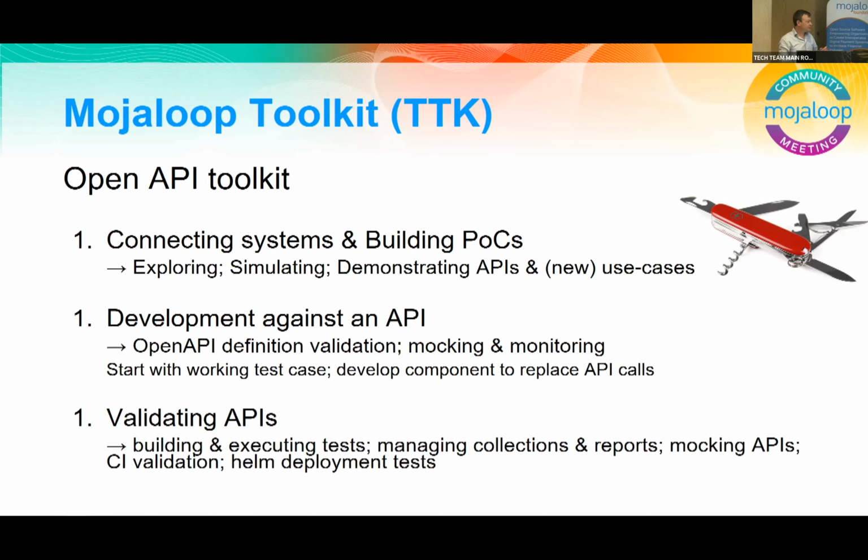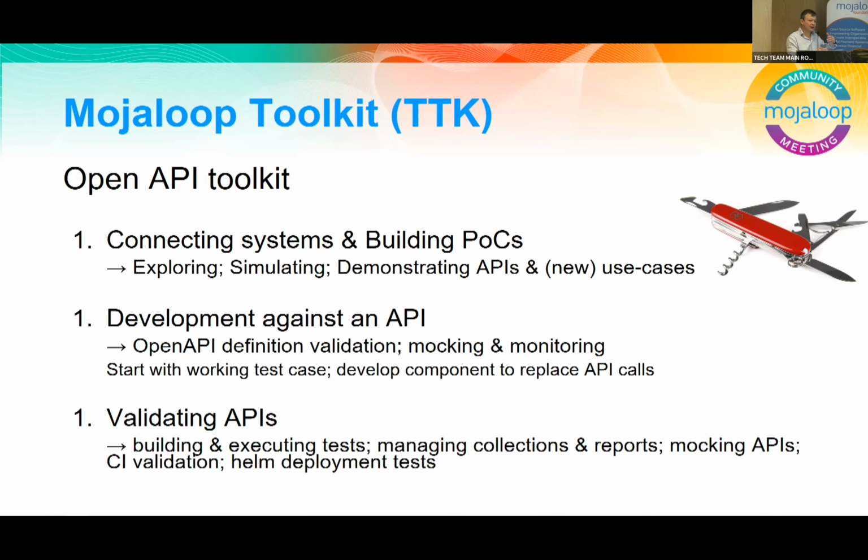Okay, then the next part that we use this for is development. So we can develop against an API. And I'm going to get into this in a little bit more detail when I talk about the system integrator journey. Once you've got this open API that's been defined, you can use it to validate your API calls.